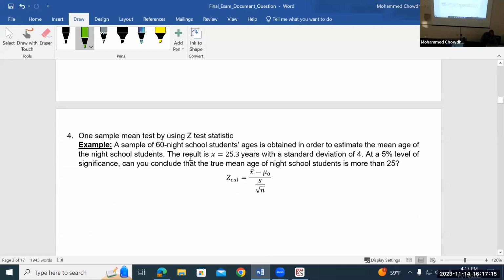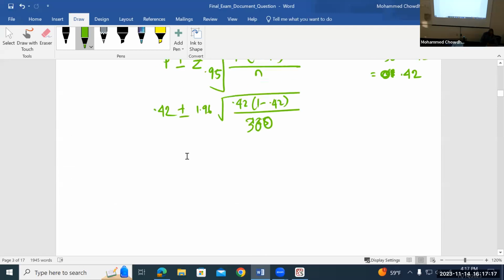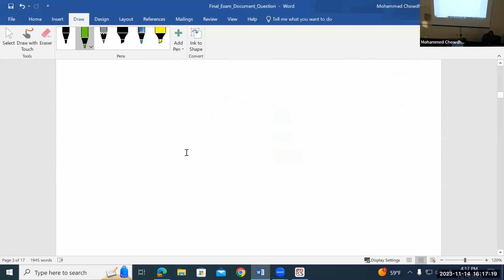Now we want to do test of hypothesis, okay? In order to do the test of hypothesis, I have to explain two approaches.